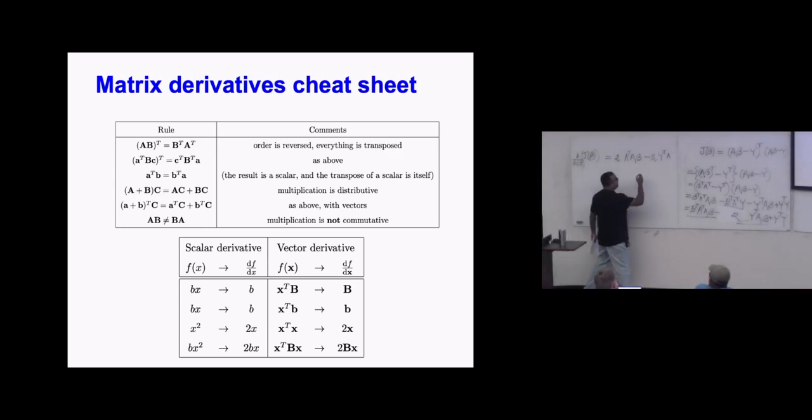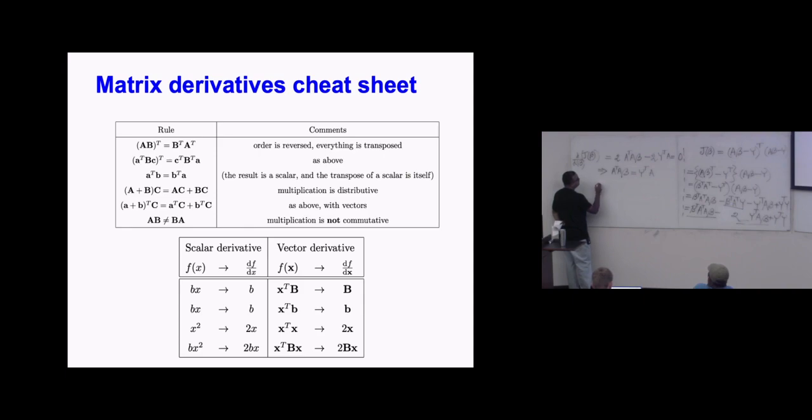Now we have to set it to 0, right? To find our solution that will minimize the function. And if we set it to 0, this essentially means A transpose A beta is equal to Y transpose A, right? Getting rid of the 2 on both sides.